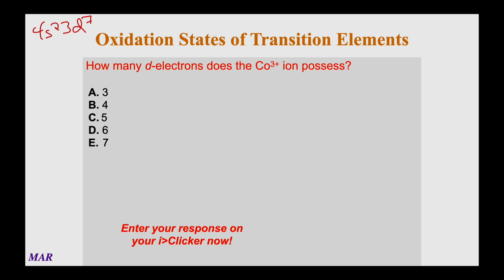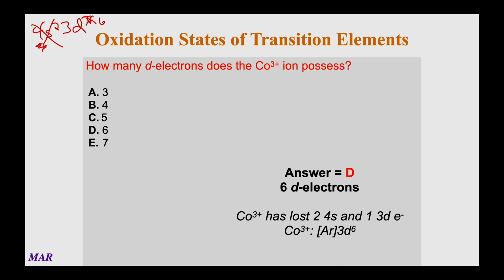But remember, highest n electrons come out first. And so for cobalt here, that means the 4s2 electrons would come out first. Then the last electron, because we're taking away 3 to make +3, is going to come from the 3d7. We would expect cobalt +3 to have 6 d electrons, all right? The first 2 electrons are always the ns electrons, the 4s, and after that is when you start losing the d electrons. So cobalt had a 3d7. Only one of those was taken out because the other 2 were the 4s electrons.